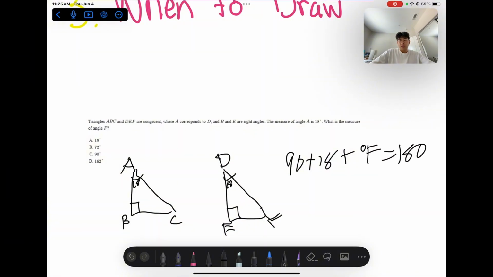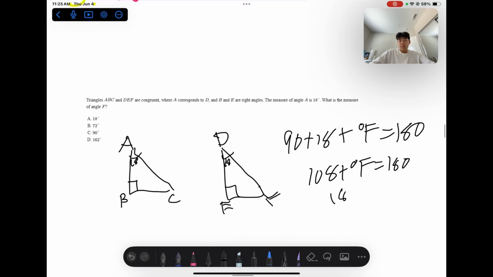So 108 plus the measure of angle F is equal to 180. Then you do 180 minus 108 to get 72. And then you get your answer of 72 for F.